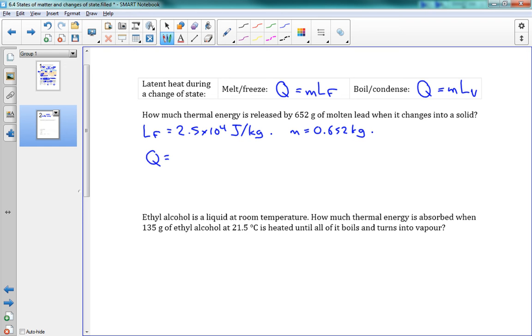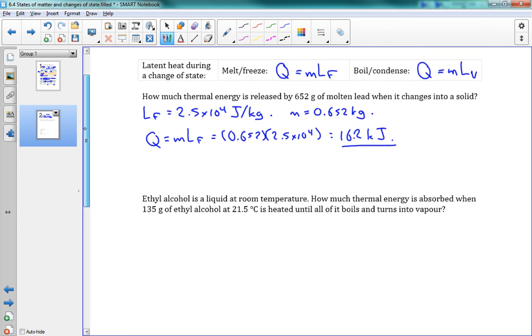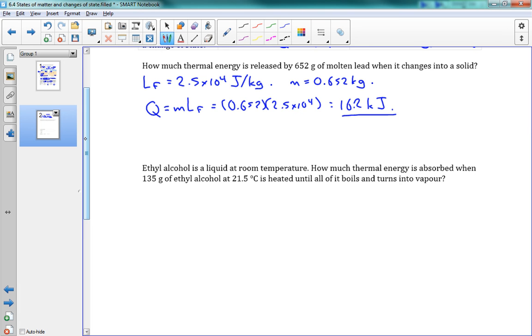Q is equal to m LF, which is 0.652 times 2.5 times 10 to the 4. And that gives us 16.2 kilojoules. That's how we do this sort of calculation. So that's how much thermal energy is released.